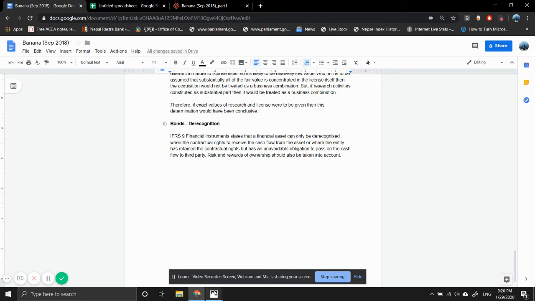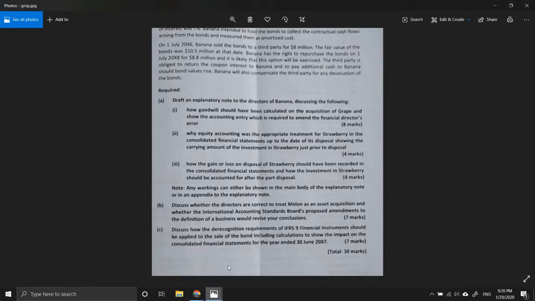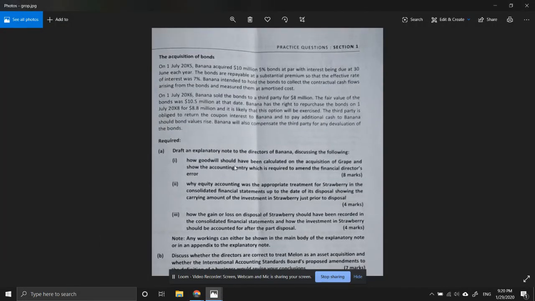So in this case, what has happened is that Banana acquired 10 million in bonds, and the contractual cash flows arising from the bonds are measured at amortized cost. Okay, that's not a big deal. But after 1 year, Banana sold the bonds to a third party for 8 million. The fair value of the bonds was this much. Banana has the right to repurchase, a purchase option, so it's likely to exercise that option.